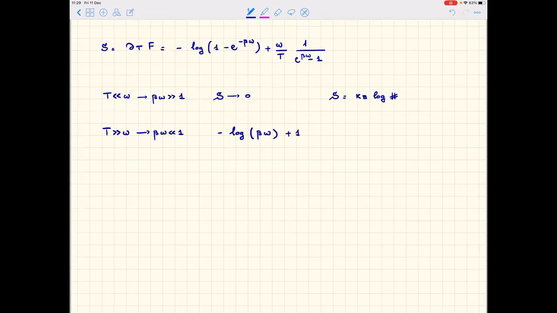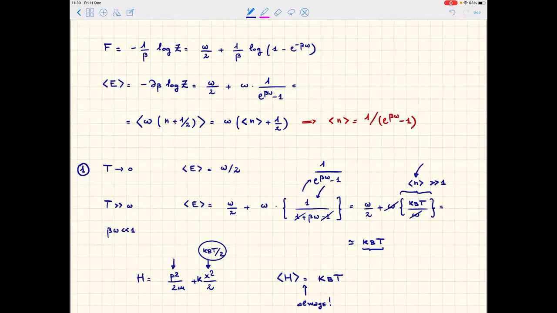Well, then the log is dominating everything. So it's log of T over omega, roughly. And this is practically the log of the average occupation number of your harmonic oscillator, right?